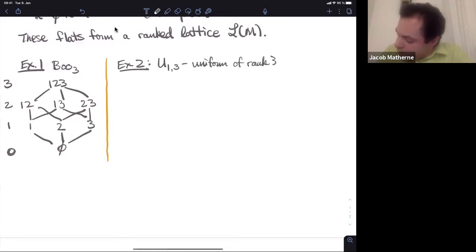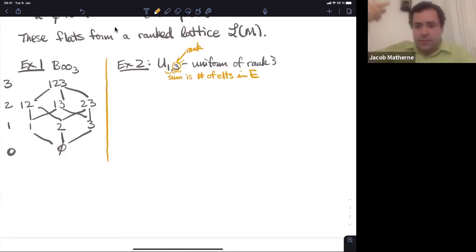And the sum of these is the number of elements in this set E, which is the top flat. Okay, so this is E.